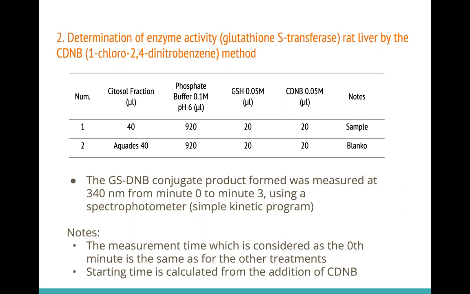After you mix all of these reagents, you will have a GST conjugate product formed, and then measure at 340 nanometer from minute 0 to minute 3 using a spectrophotometer with a simple kinetic program.